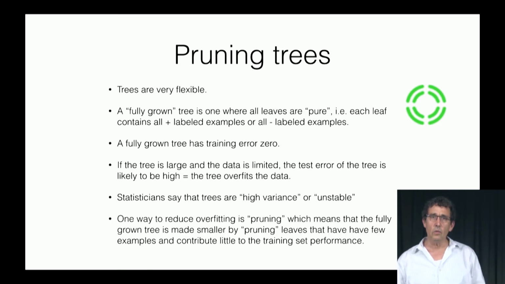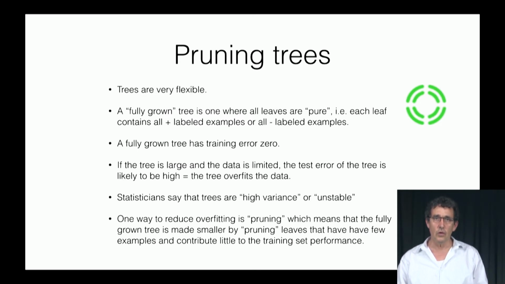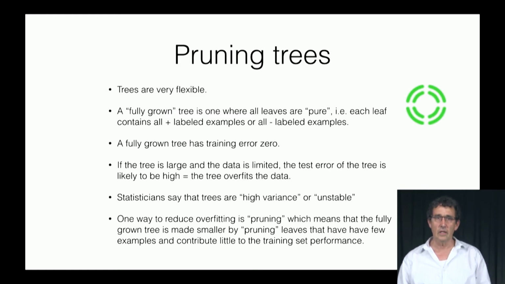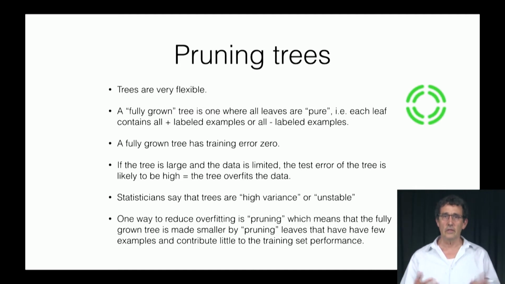So one way that was studied a lot to improve the test error and reduce the overfitting is called pruning. Pruning simply means that after you've built the tree and you minimized the error, you start cutting away some of the leaves. Those leaves that have very few examples are basically being cut down.